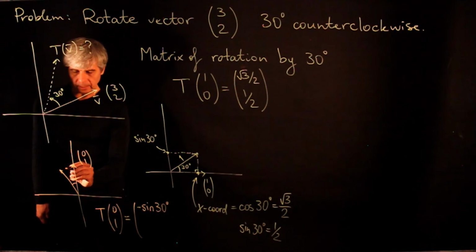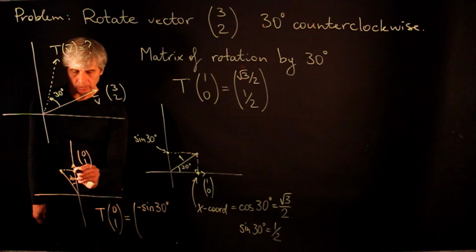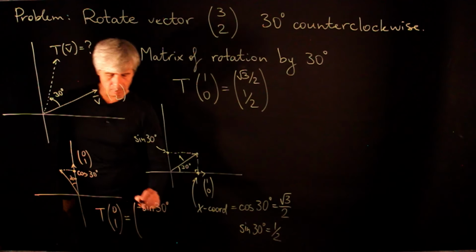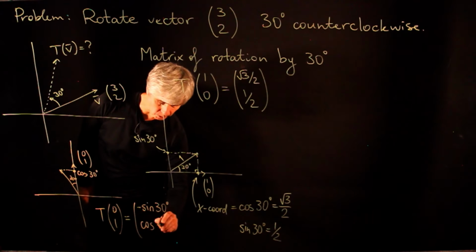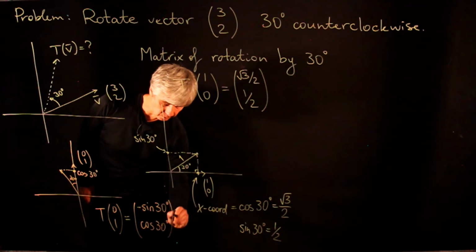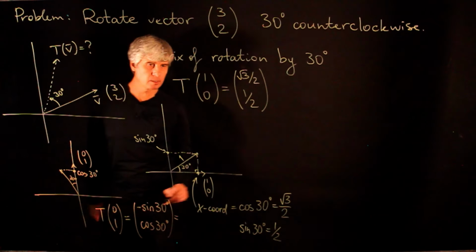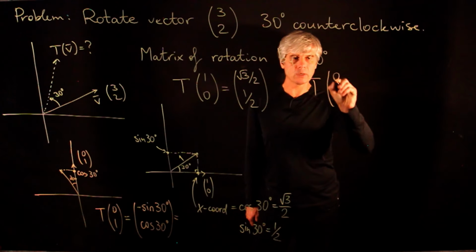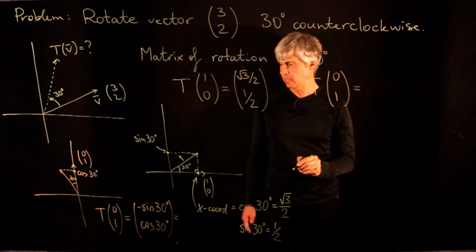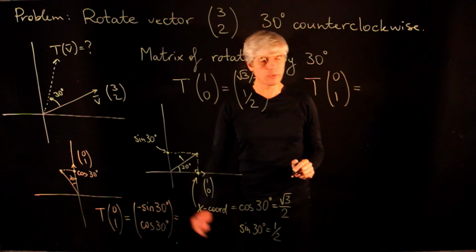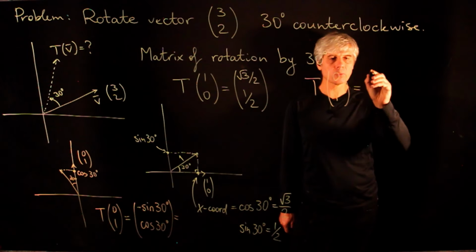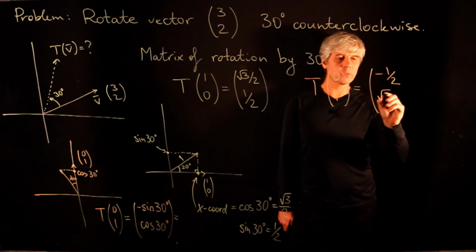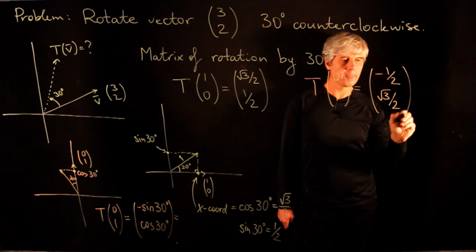And the y-coordinate here, this value is going to be cos of 30 degrees. And so what we get, we can write it here, that T(0, 1) is, well, sine of 30 degrees is 1/2, so we get negative 1/2 and square root of 3 over 2.